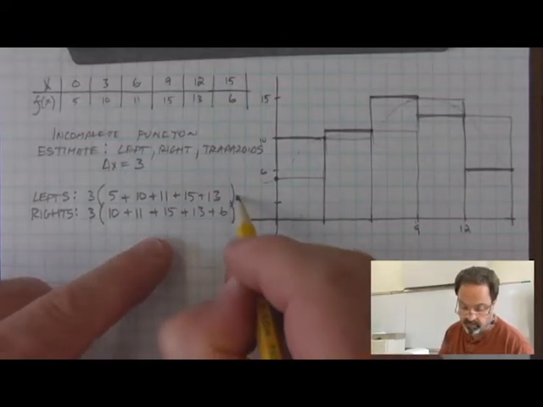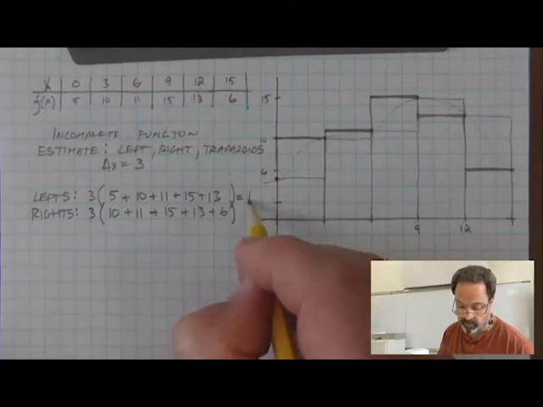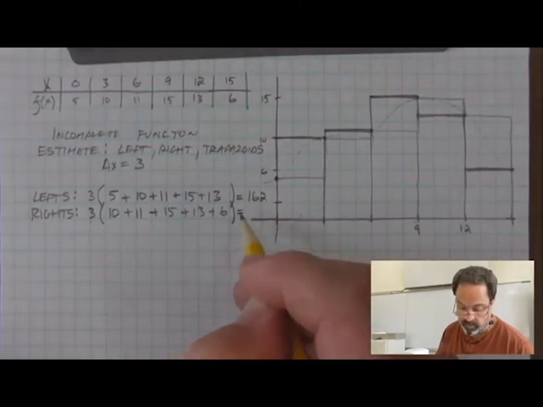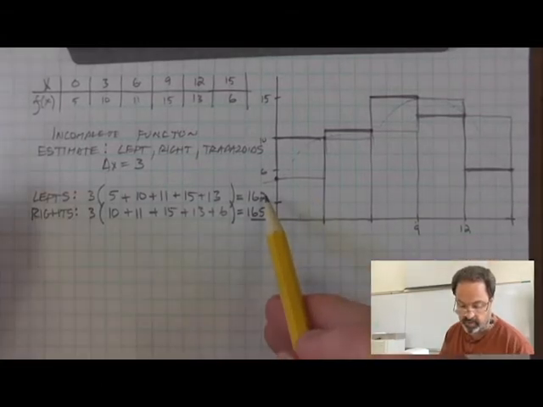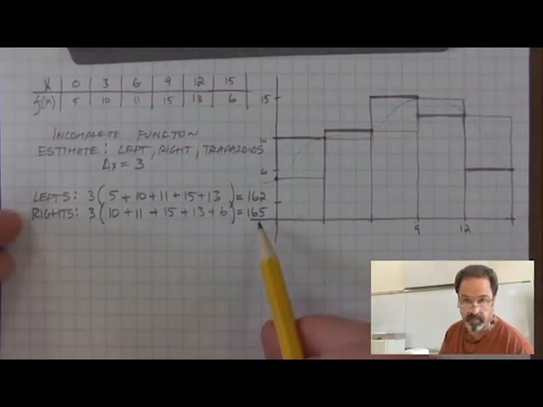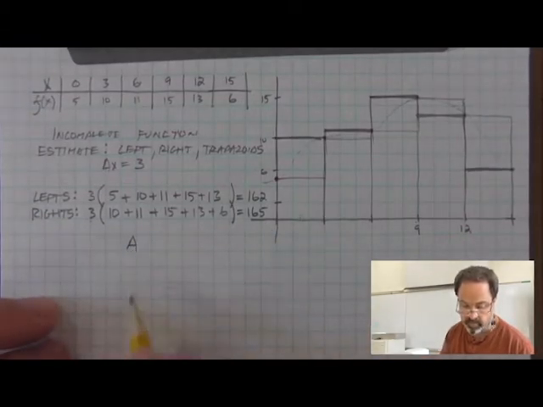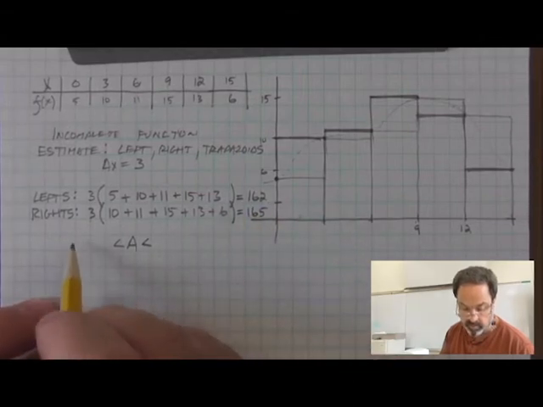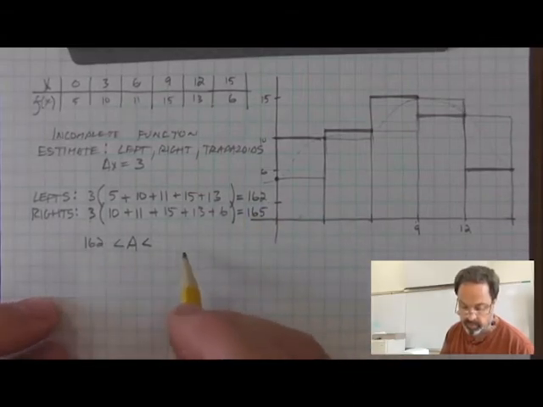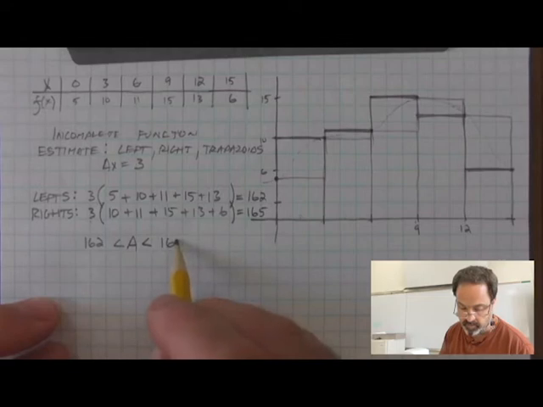These two estimates, I've done the calculation, have exact values of 162 for the left and 165 for the right. So I know that the exact area is in between the estimate that is lower and the estimate that is higher.